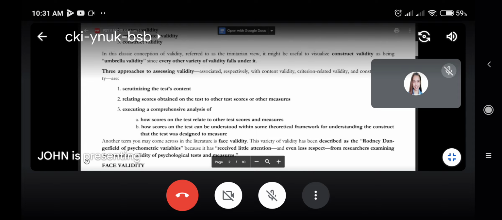So, ibig sabihin, the framework of the construct will be the theory, and in order to analyze each item, you are going to refer back to the theory that you used. Just like when you are doing research, you have the so-called theoretical framework. Kaya nga framework, di ba? It serves as the backbone of the research.